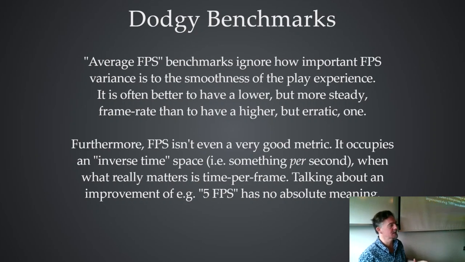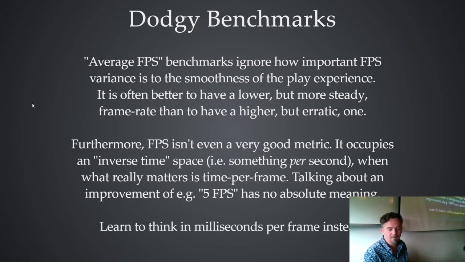Because you can meaningfully say, there's something I could do that would shave 2 milliseconds off the time to draw this picture, and that's meaningful. You can't really say it'll save 3 frames per second, because that would depend on how long it was already taking. Anyway, it's a detail, but I would recommend that you think about how many milliseconds it takes to do things.